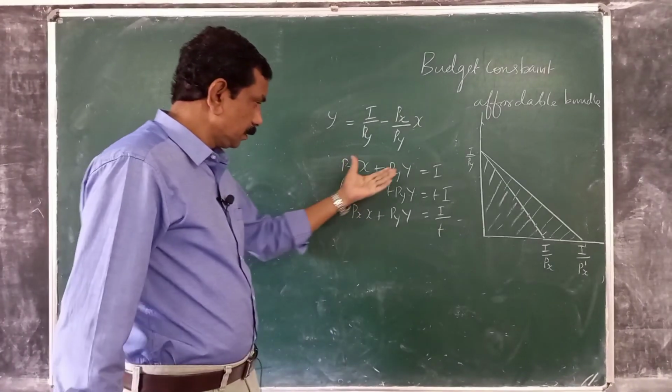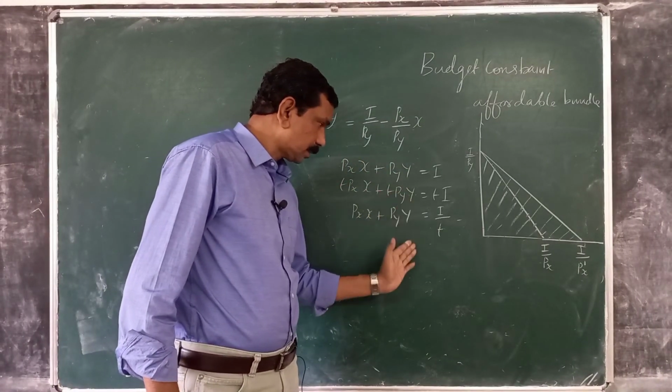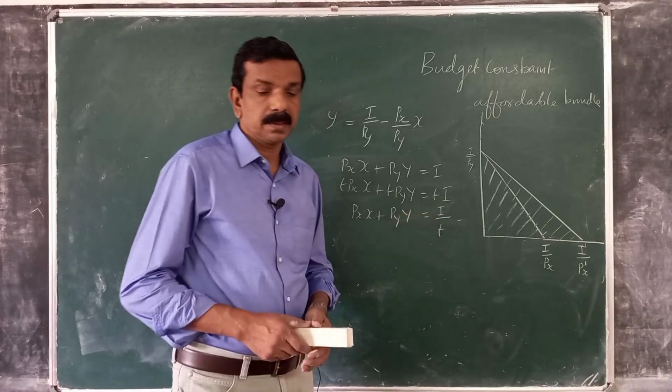So multiplying both the prices by t is the same as dividing I by t.